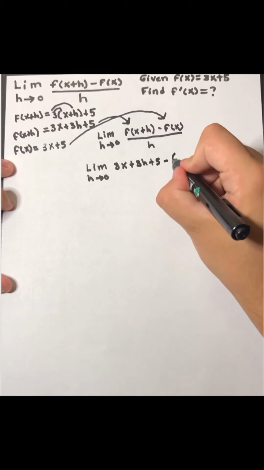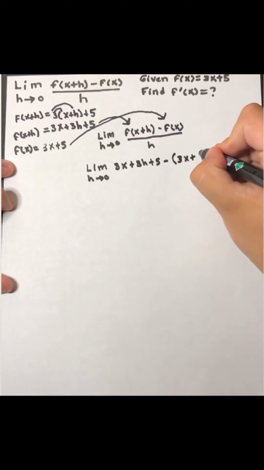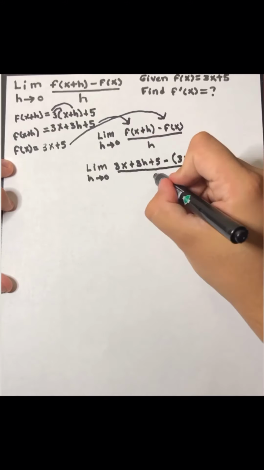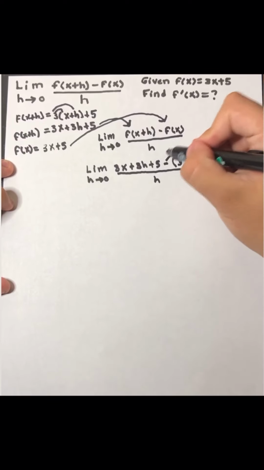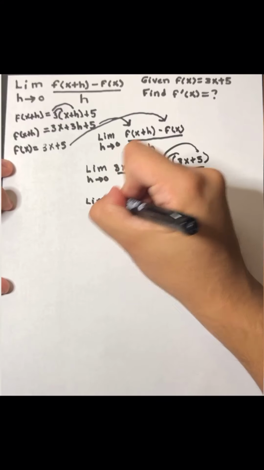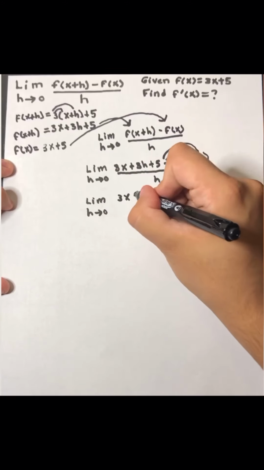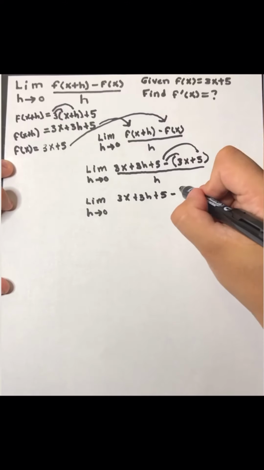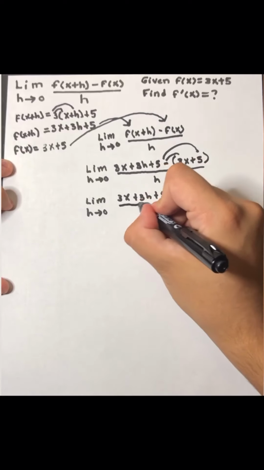Now here you have to put parentheses when you plug it in, because you have to distribute later on your negative sign. So now we're going to distribute, so down here we have the limit as h is approaching 0 of 3x plus 3h plus 5, distribute that, minus 3x minus 5, all over h.